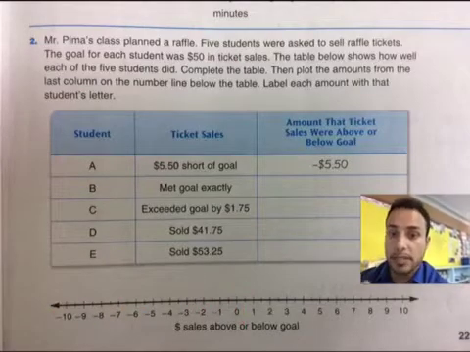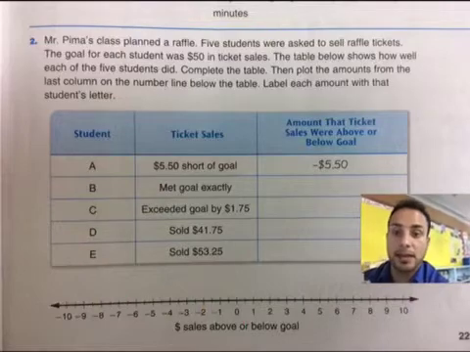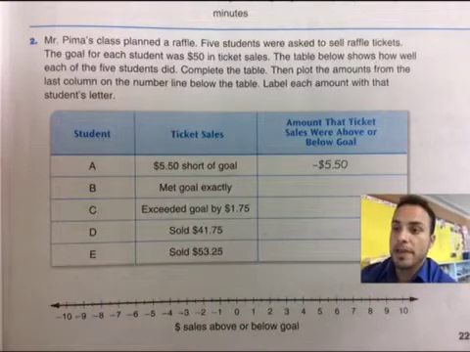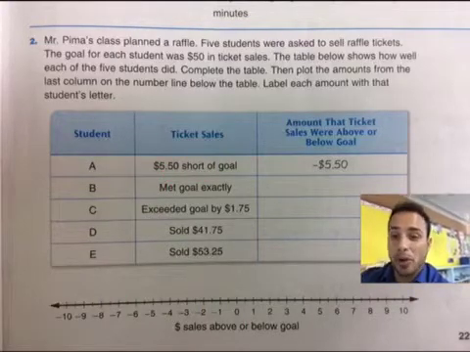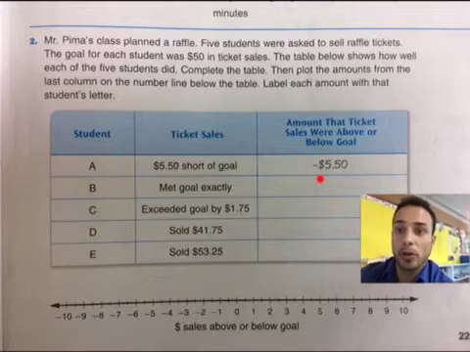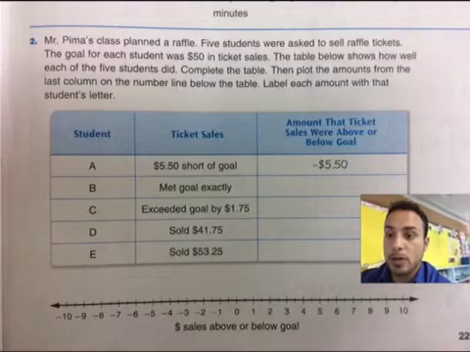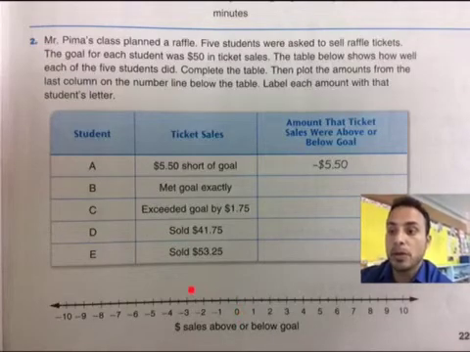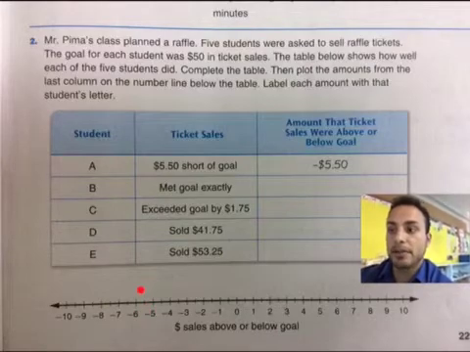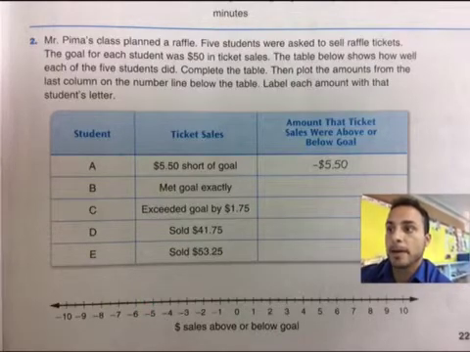The goal is 0. It's more than, less than. Are we clear? So if $5.50 fell short of the goal, didn't quite reach the goal, it's $5.50 below the goal. So below the goal, here's the goal, below the goal. So A falls at $5.50, right over here. Okay?